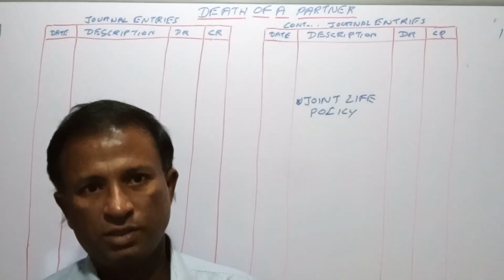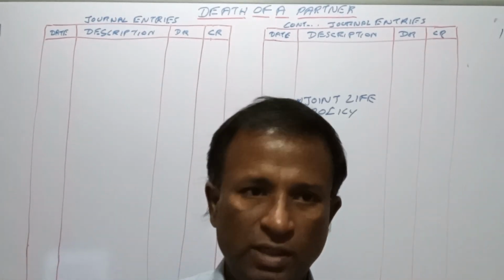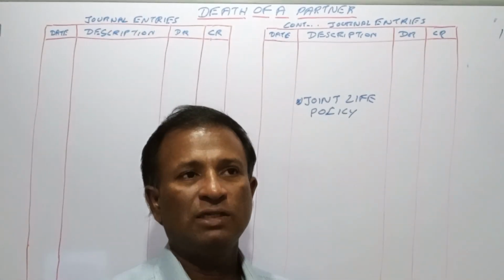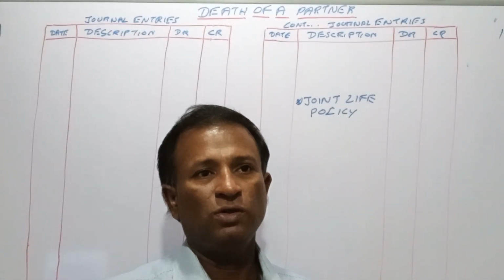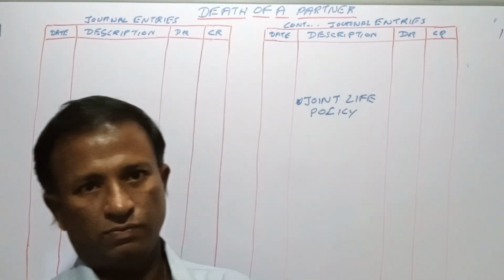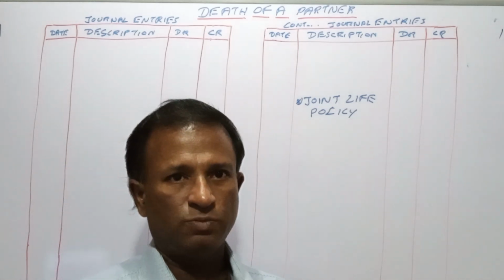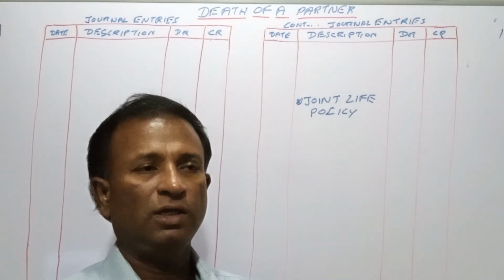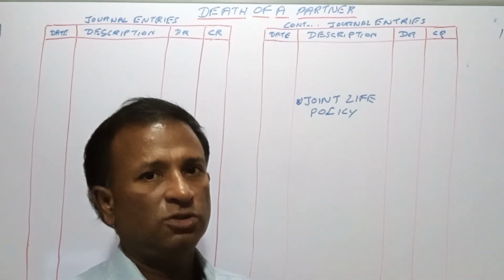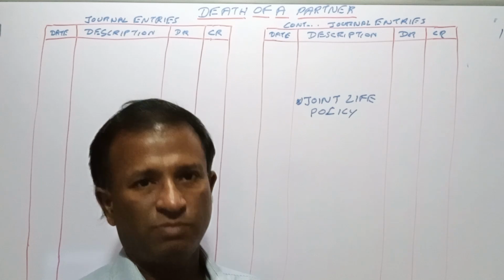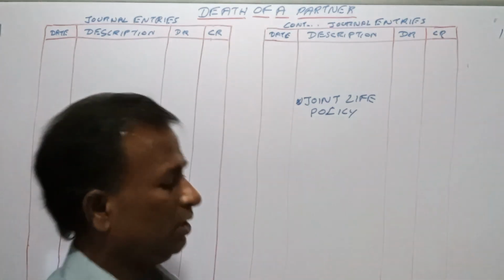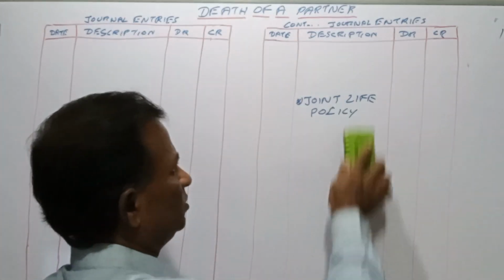If anybody takes a joint life policy in the partnership, and one of the partners dies before the expiration of the life policy, what happens? If one of the partners dies at the end of the expiration of the policy, what happens? That is what we are going to see, okay? Joint life policy.